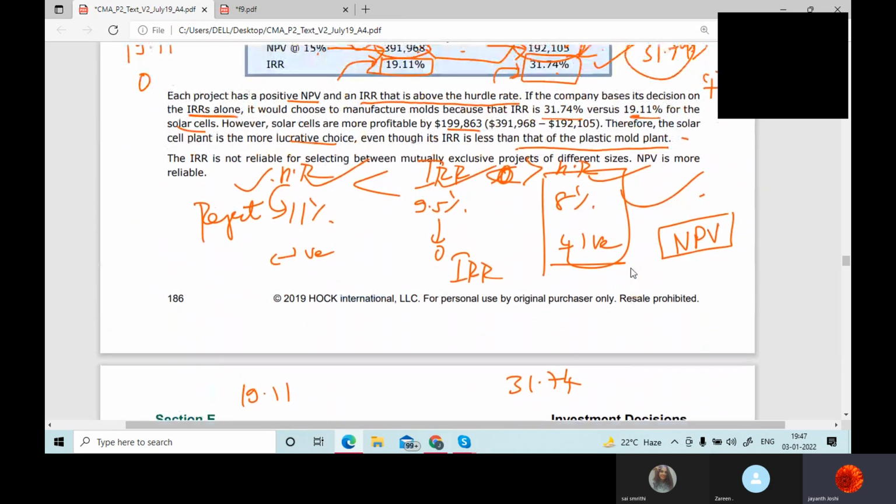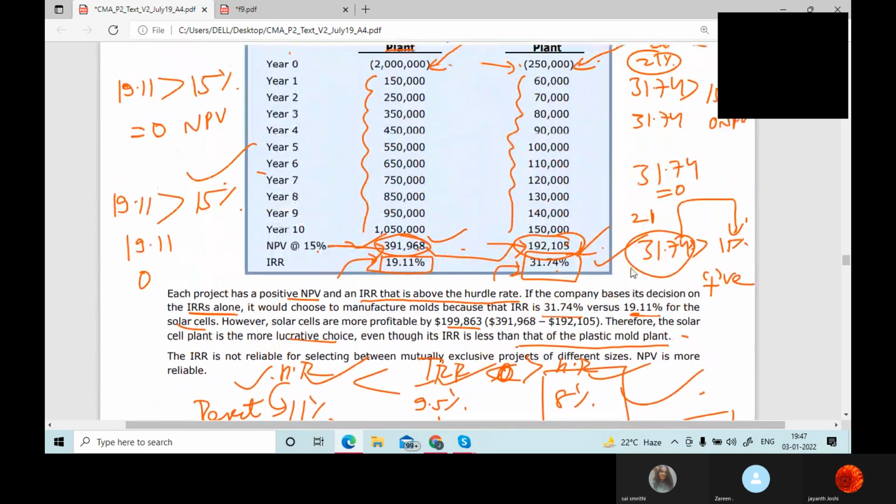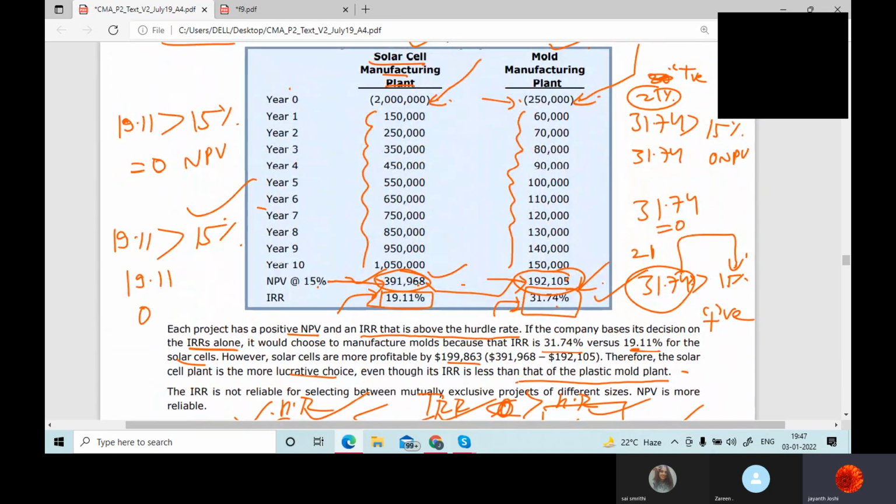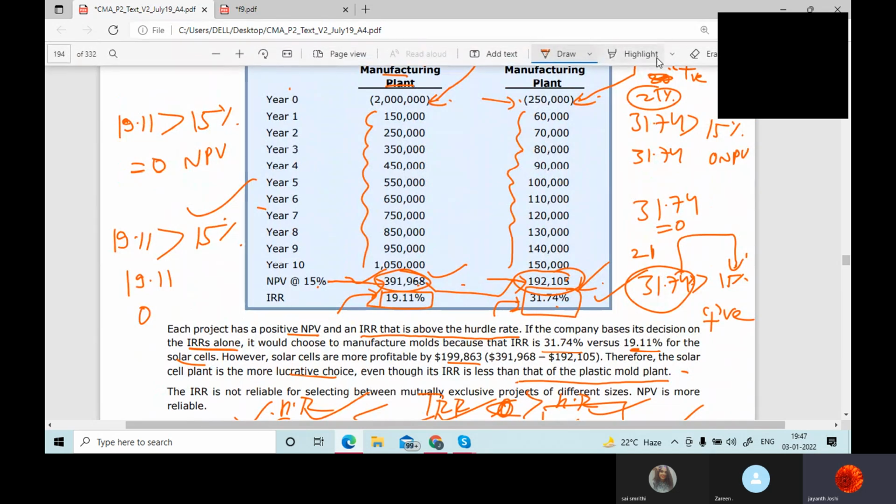A project with a smaller size, here you can see a very small investment, and here it's a massive investment. Very small investment, a very good IRR. Very big investment, a much lower IRR. It can happen.